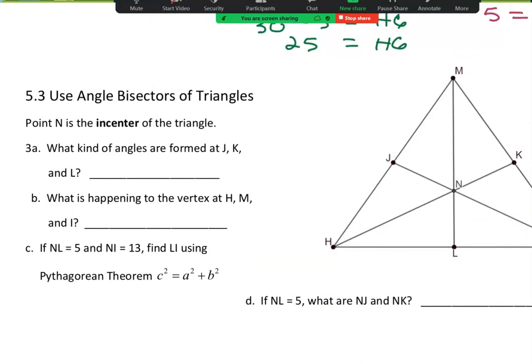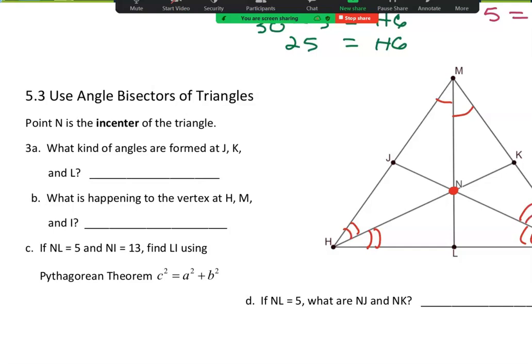Okay, next one, 5.3. So we're going to look at this, and it says point N is the incenter. Okay, so I have to remember this. So that means that I have a series of angle bisectors. That's the incenter, so look what's going to happen. This is going to equal this. This will equal this, and this will equal this.